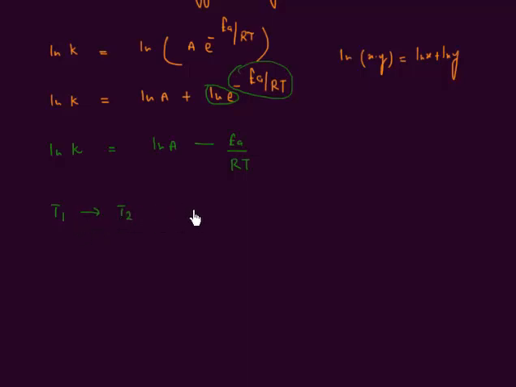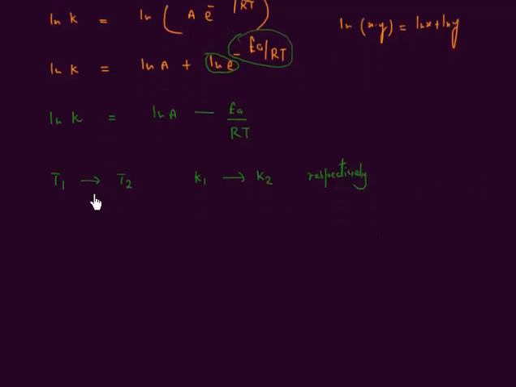The initial rate constant at T1 is k1, and when the temperature changes, the rate constant becomes k2. Well, here we have different variables, T1 to T2, k1 to k2, so as a result, we get two different equations. We can plug in these variables one by one.